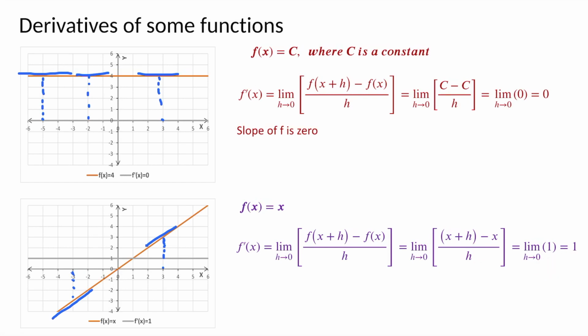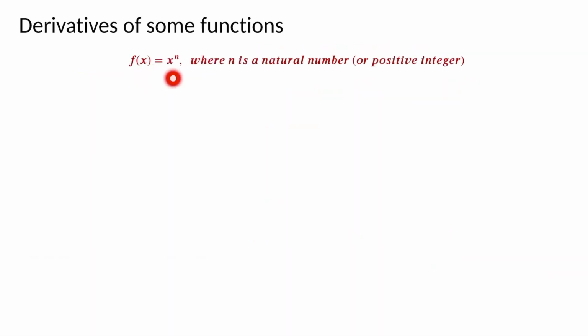And then we get this value of 1 here. Okay, let's look at a generic function, f(x) equals x power n, and let's try to quickly derive the expression for its derivative.